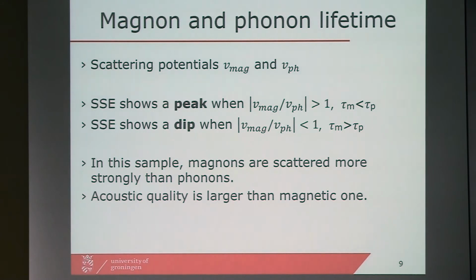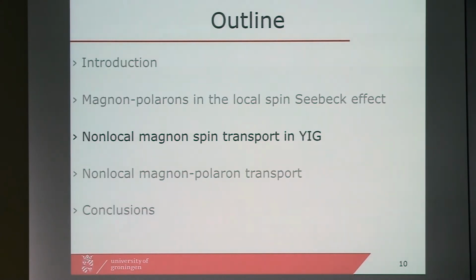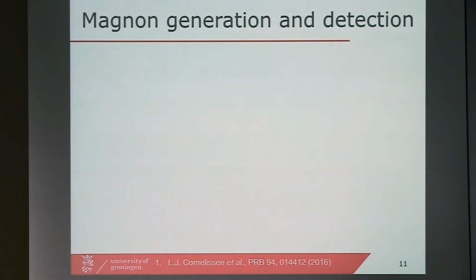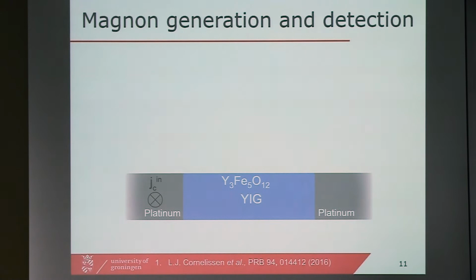All right, so now I want to switch gears a bit and show our experimental technique, which we're going to use to probe magnon-phonon transport, which is basically non-local magnon spin transport in yttrium iron garnet. So the idea of such a non-local experiment is the following.